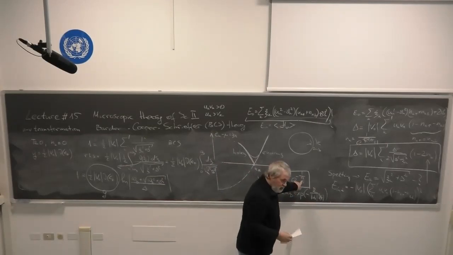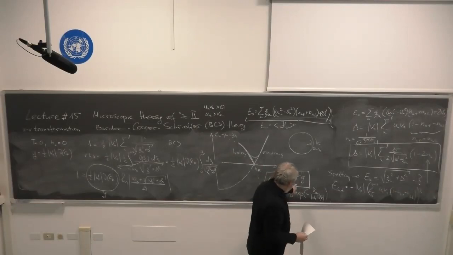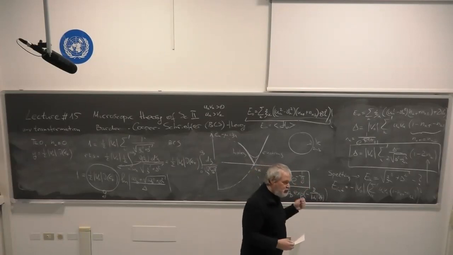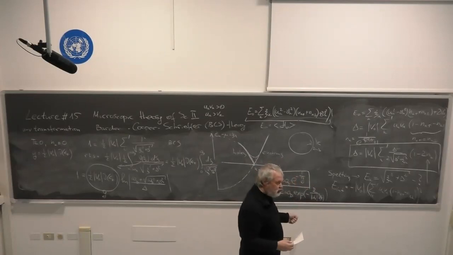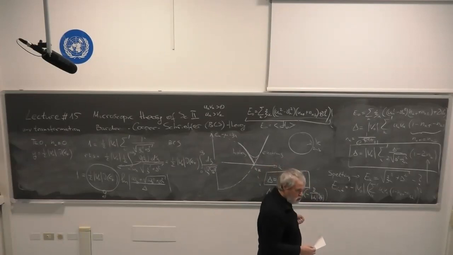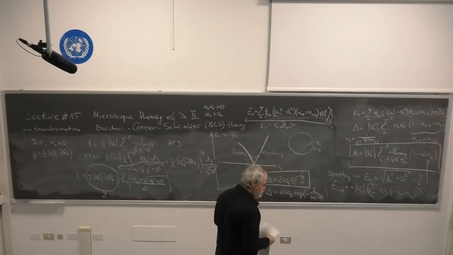By the way, for those who look carefully at what I'm doing, you can see that the exponent of minus 1 over x is an essential point. So one cannot get these results by doing perturbation theory, because there is no perturbation theory if g goes to 0. This is an essential singularity of your analytic function.